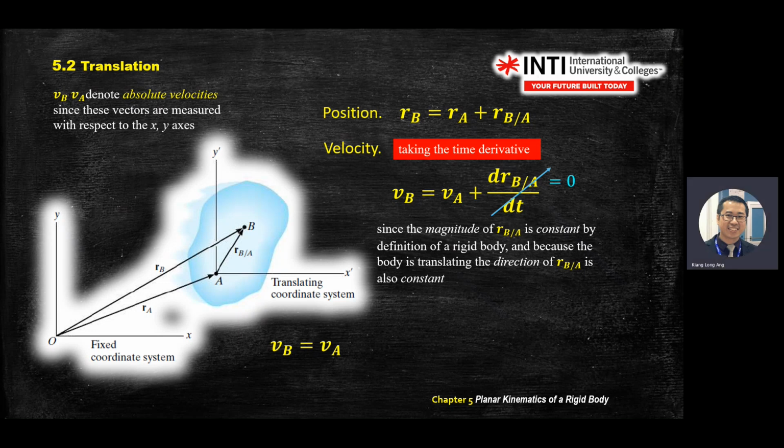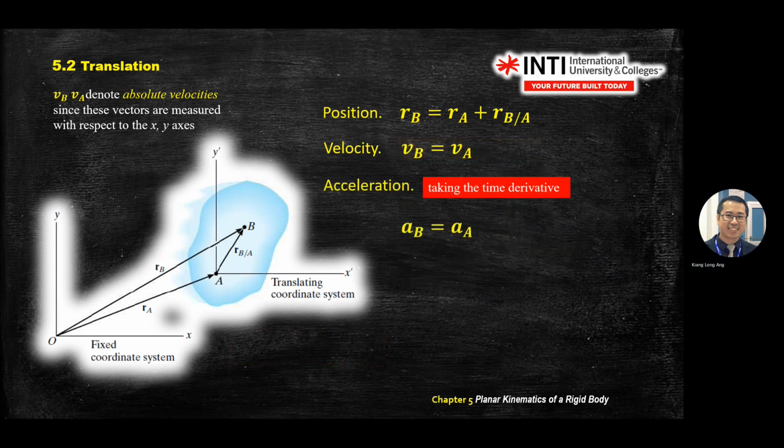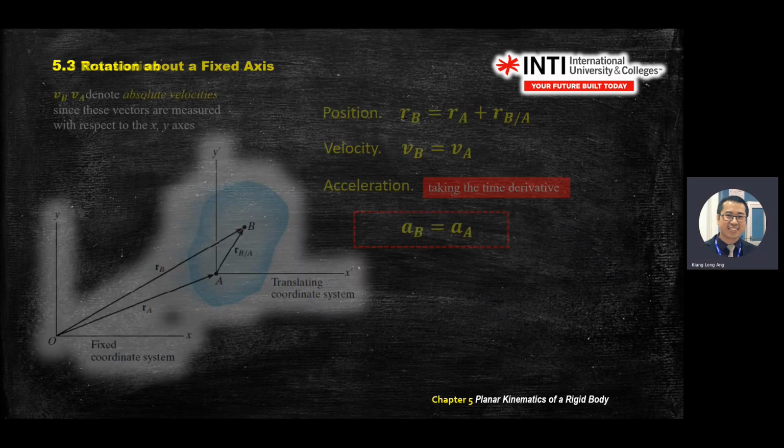So in this case, we conclude that velocity of B will be same as velocity of A. Why? Because it's on the same rigid body. Same with acceleration. How do you get acceleration? You do dv dt, you get acceleration. Same. All right, so any questions so far?